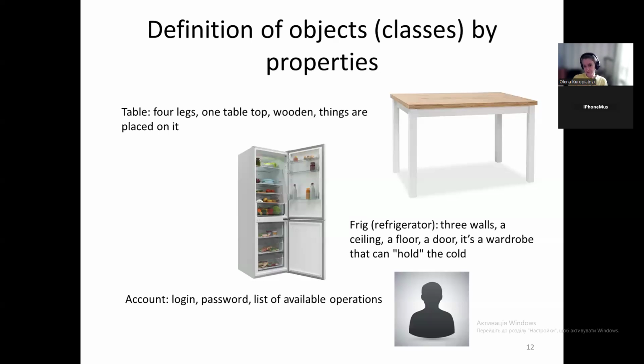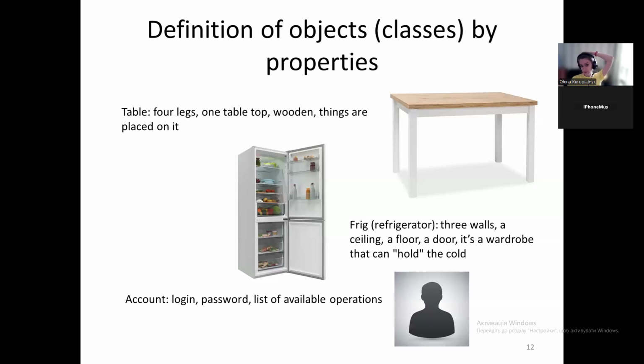The next example, fridge or refrigerator. Yes, it's a big item. It's a big thing. This thing has 3 walls, plus another side, a ceiling, a floor, a door, and it's a wardrobe that can hold the cold.